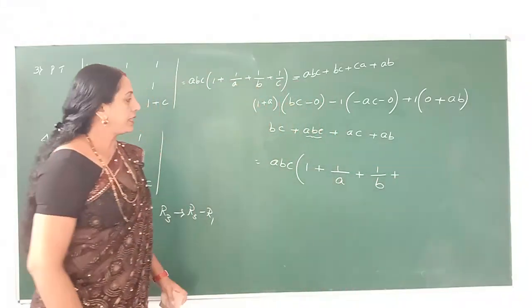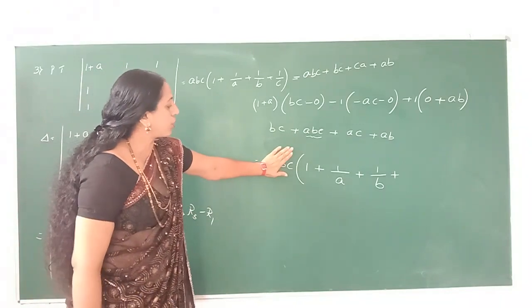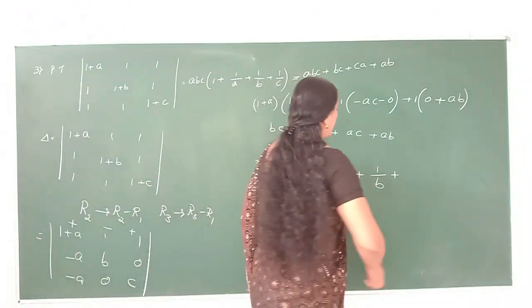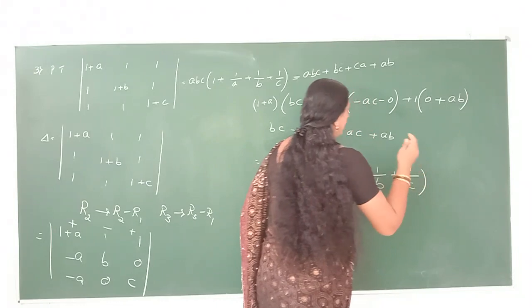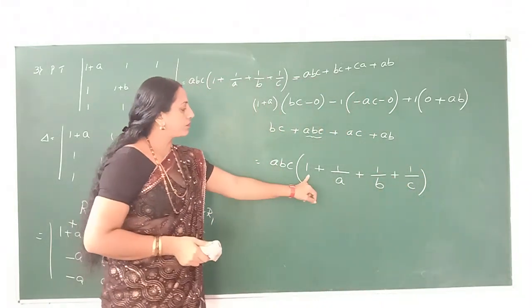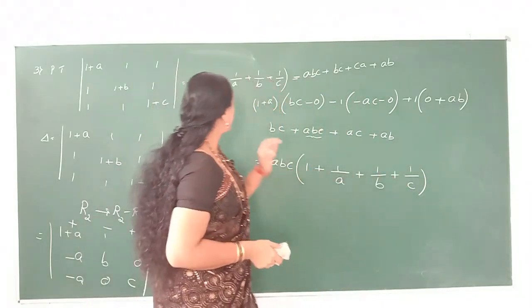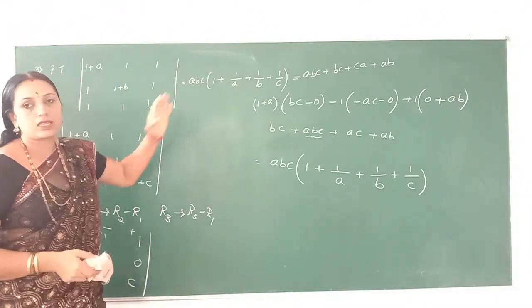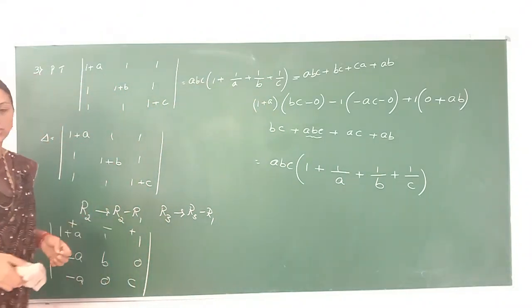Plus again, for AB, with ABC as a common factor, that is 1 divided by C. Therefore ABC of 1 plus 1 by A plus 1 by B plus 1 by C is another form of the result in the RHS.